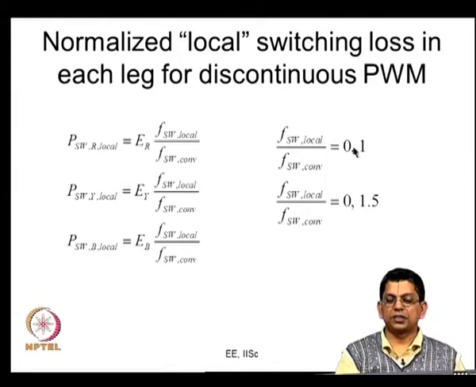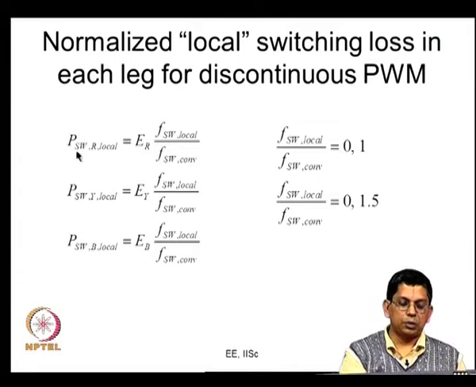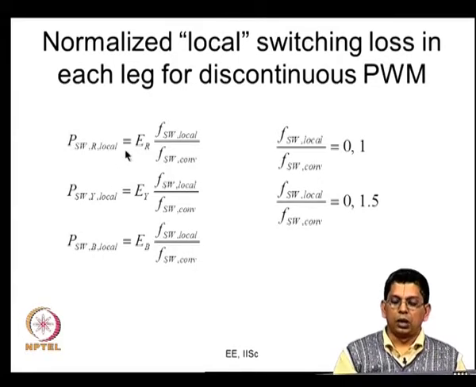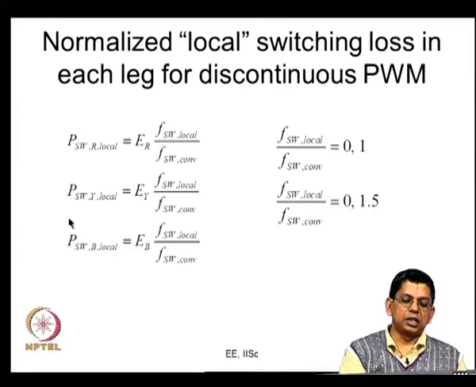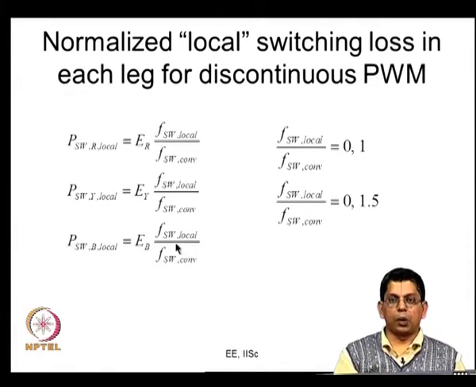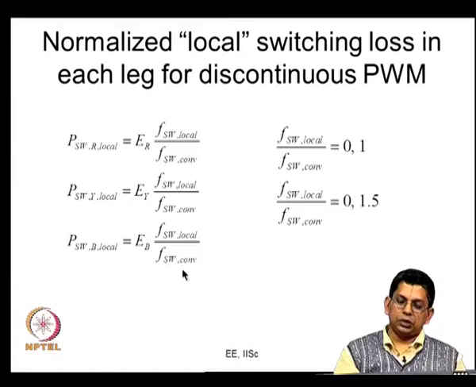For example, if R phase is clamped, then there is no power loss. So, here PSW R local will be 0, and Y and B may be switching at the same carrier frequency, then these will actually become EY and EB essentially multiplied by 1. So, this is when it is clamped, and when it is not clamped it should be 1.